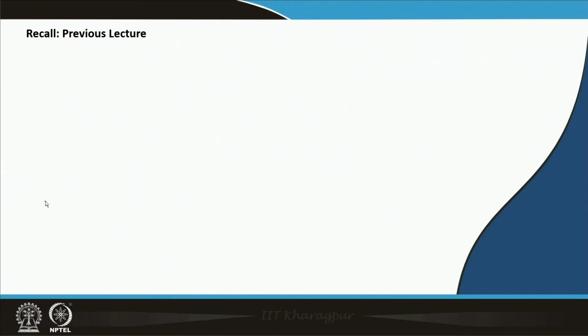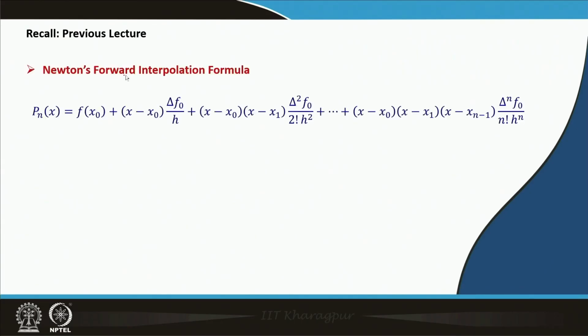So far we have discussed in previous lectures the Newton's forward interpolation formula, where the formula looks like this one, where we have in each term this h, which was the distance between the nodal points x naught, x 1 or x 1, x 2, and it was assumed that they are equidistant.